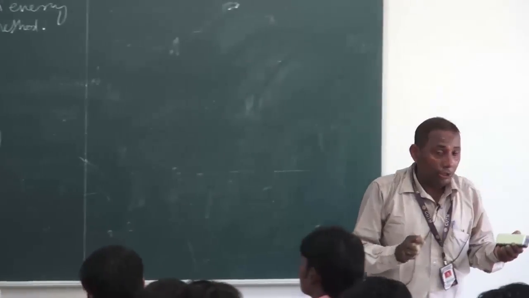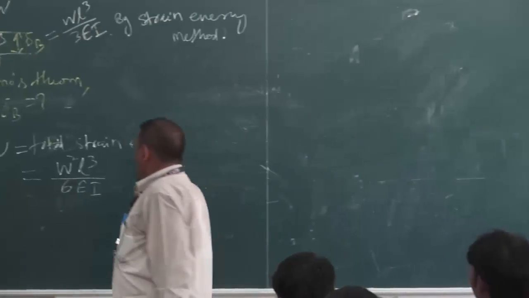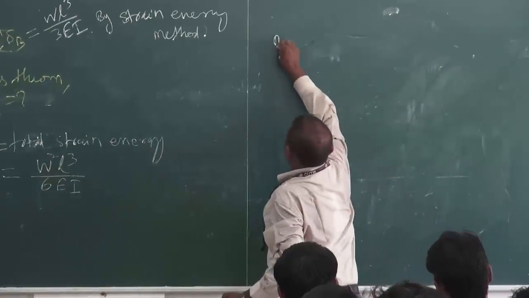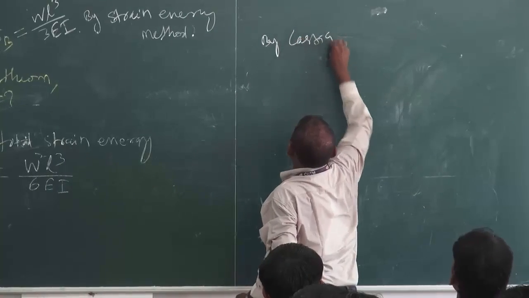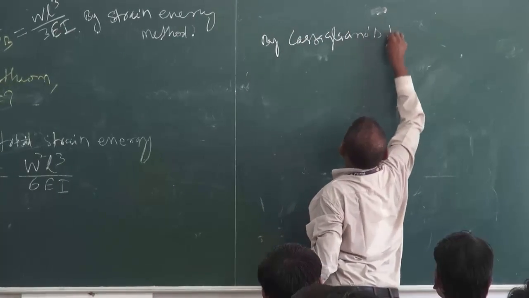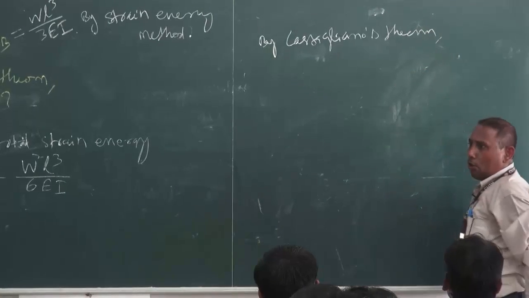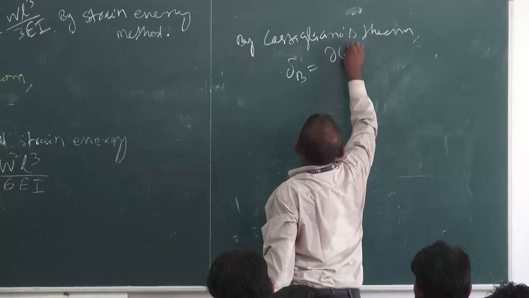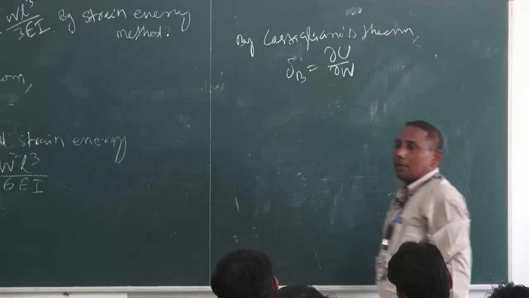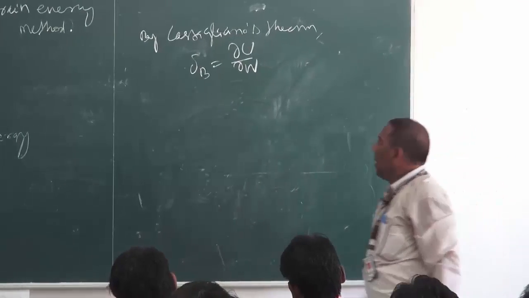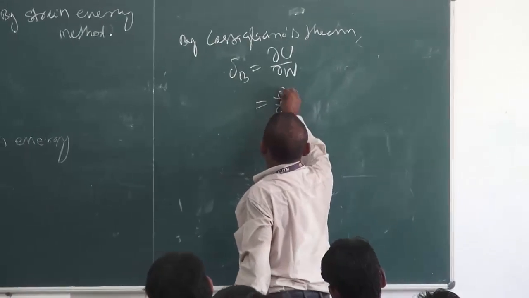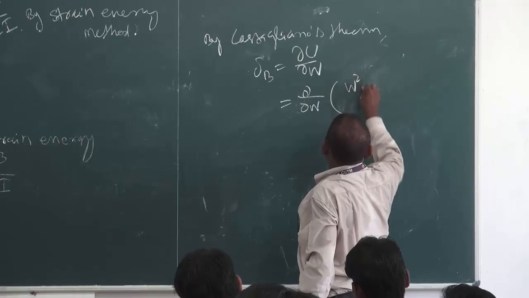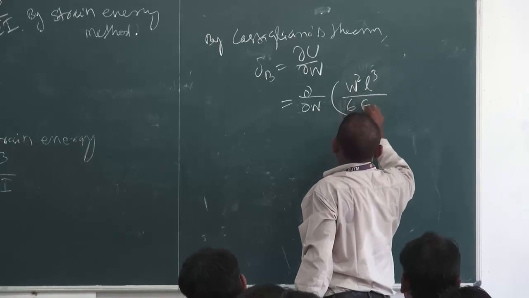You can refer to that. And by Castigliano's theorem, delta B is equal to the partial derivative of U with respect to W, that is dou by dou W of W square L cube by 6EI.